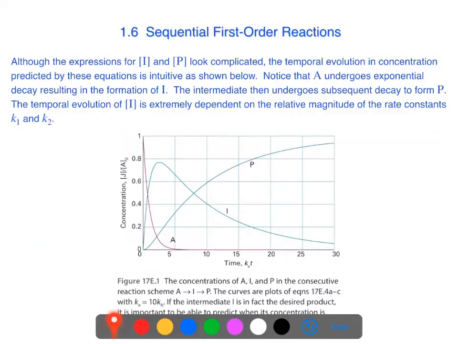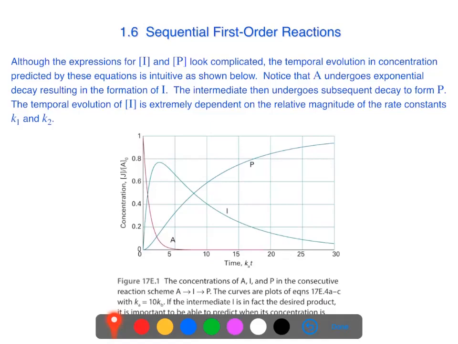So if we look at the decay of A, we see that there's this exponential decay as we go from A to I. And we would expect this because these are first order reactions. And we saw that when we integrated a first order rate law, we had an exponential form that we could express for the concentration of A.